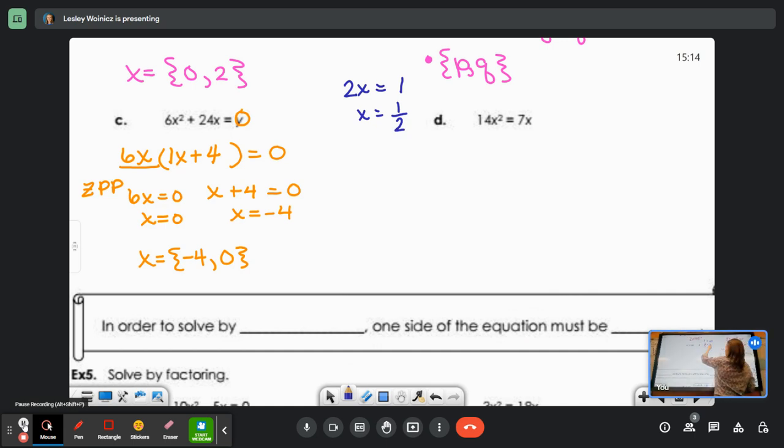Do you remember that this is a vertical line because it's an x equals equation? Yeah. Good. So this is a vertical line that crosses the x-axis at 1/2. Do you see that it can only cross in one place? This only has one solution.